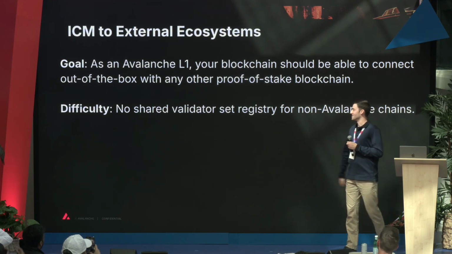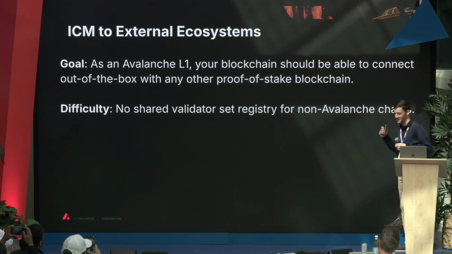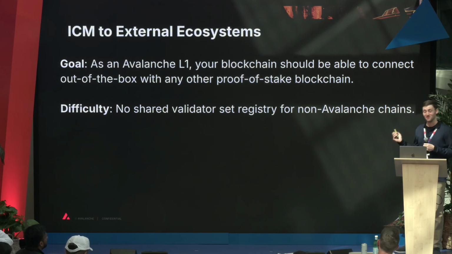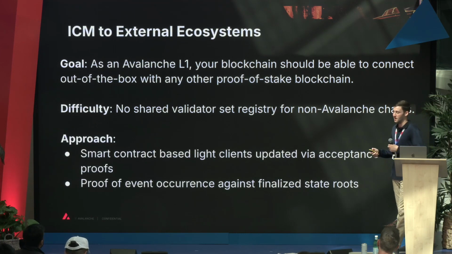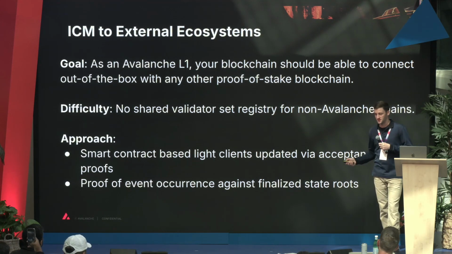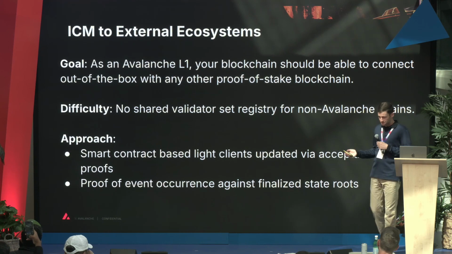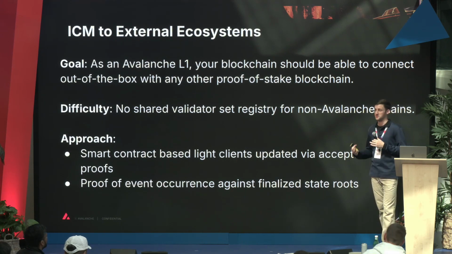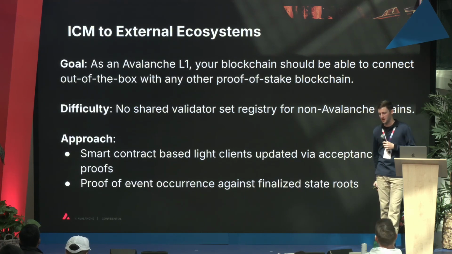And because there's not this shared validator set registry for non-Avalanche L1 chains, this is actually a very difficult problem to solve. But we are brainstorming ways that we can approach it using smart contract-based light clients via acceptance proofs, hopefully still leveraging much of this BLS architecture.